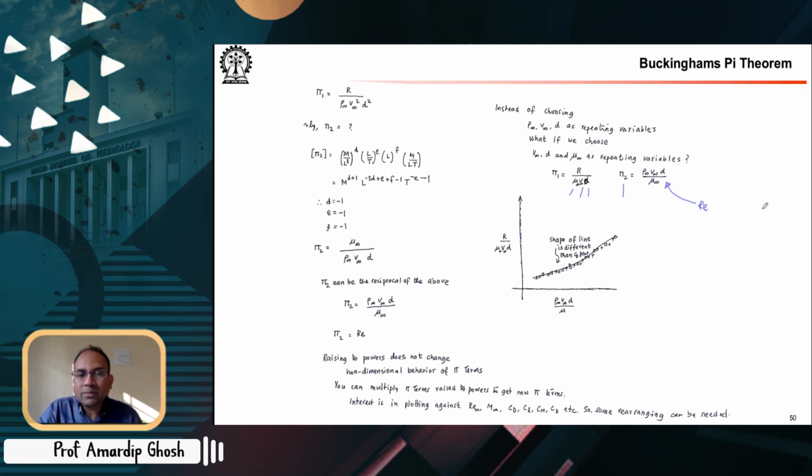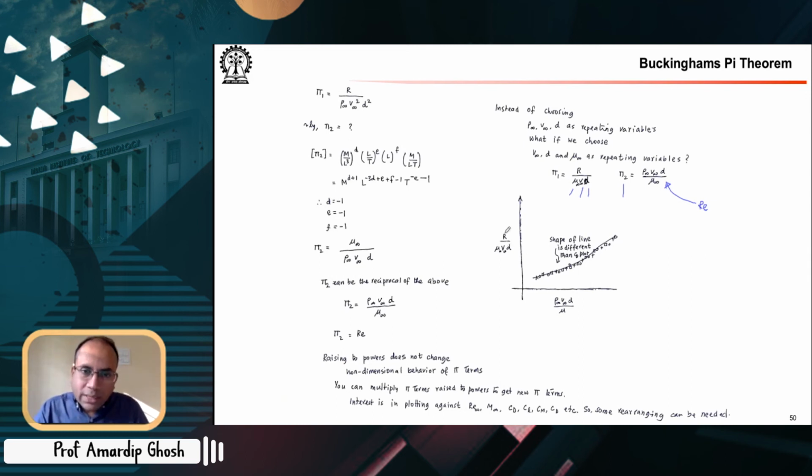So pi2 directly becomes the Reynolds number. But this pi1 is not a non-dimensional group with physical significance. Now, I should not really say it like that. Perhaps there is physical significance, but it's not one of those popularly known non-dimensional parameters with physical significance.